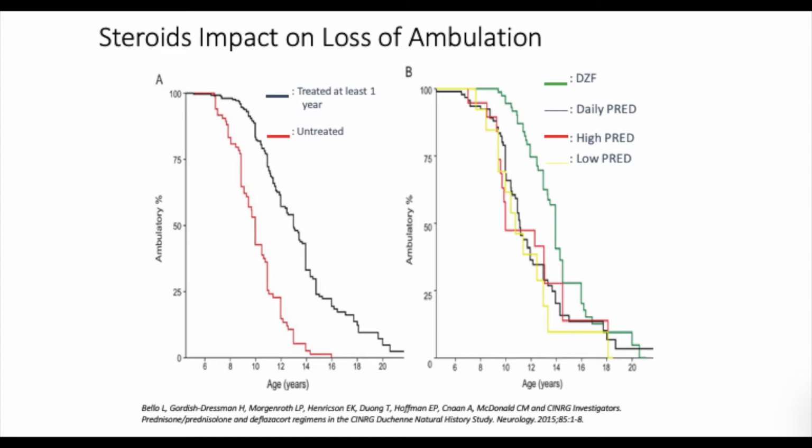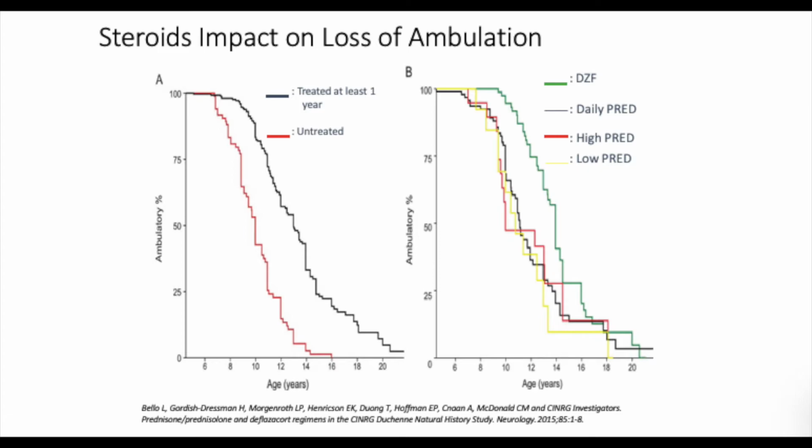There is a difference in the time on treatment leading to ability to walk on average at least 2 to 3 years longer. And the comparison between deflazacort and prednisone shows that in this paper deflazacort seems to be slightly more efficacious than prednisone, but this is during the early adolescent period of time.